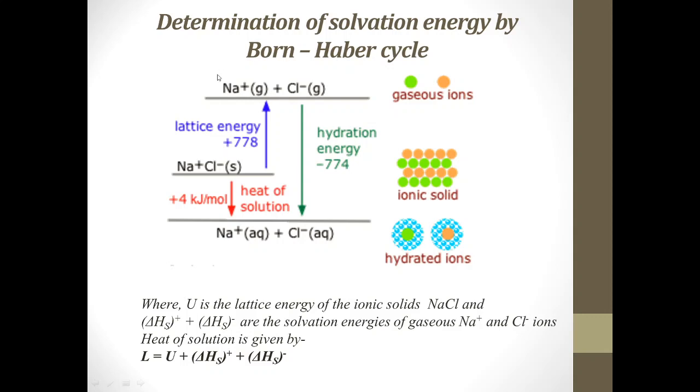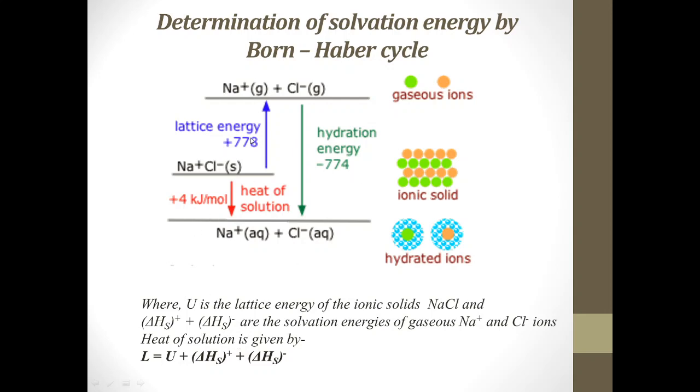Now when these gaseous sodium and chloride ions are converted into their aqueous form, there is a release of energy which we call hydration energy, and hence it is shown as negative.